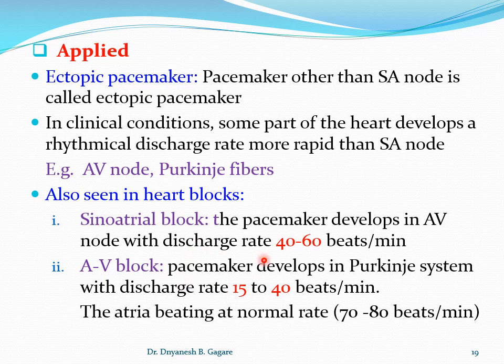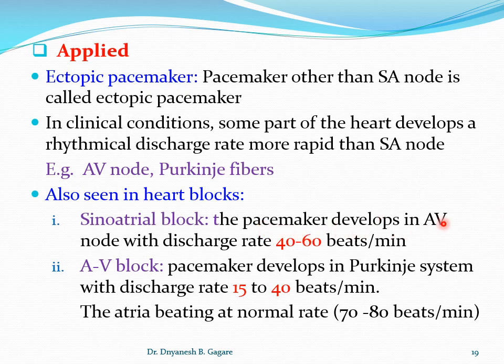Here we are not going into detail, but just keep in mind that there is a shifting of pacemaker when there is a conduction block. If this conduction block is between the sinus node and atria, it is called the sinoatrial block. If the impulse produced in the SA node is not conducted to the atria or to the AV node, then what will happen?